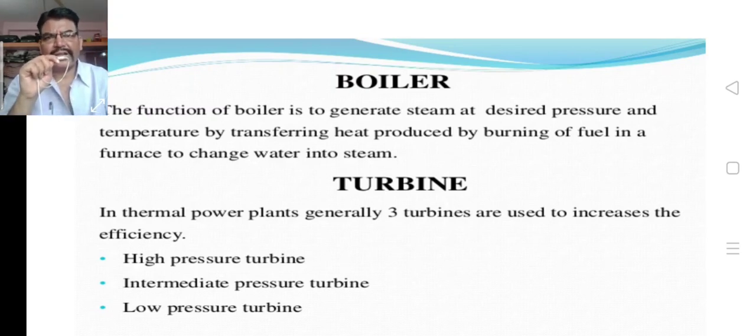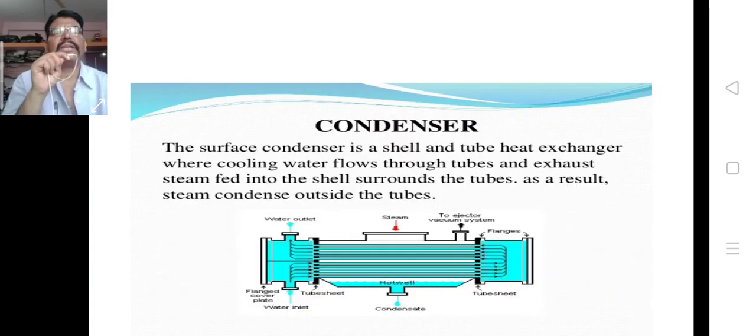So generating the steam is nothing but thermal energy. Now the next part is turbine. In thermal power plants generally three turbines are used to increase the efficiency: high pressure turbine, intermediate pressure turbine and low pressure turbine, that is HPT, IPT and LPT.